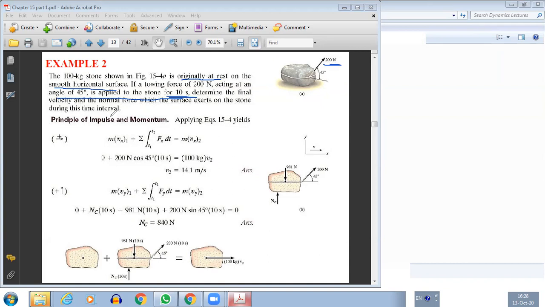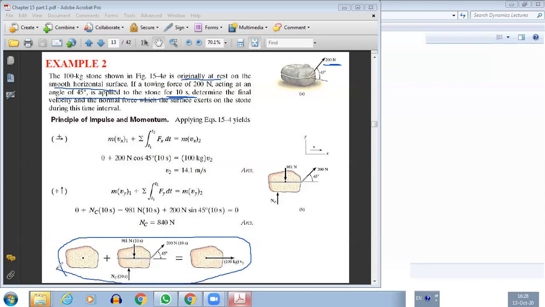Okay, so we can again solve this problem using chapter number 15 methodology. If we use the principle of impulse and momentum, you have to draw the impulse momentum diagram.